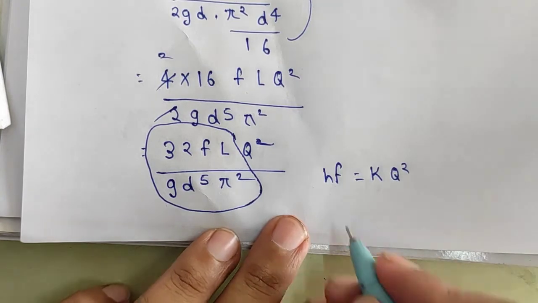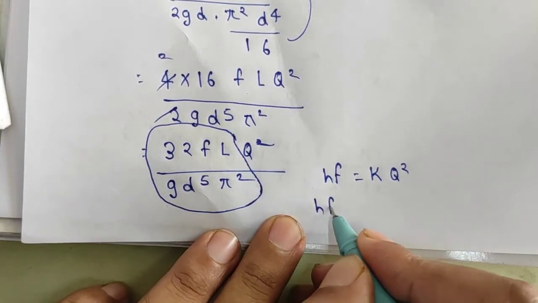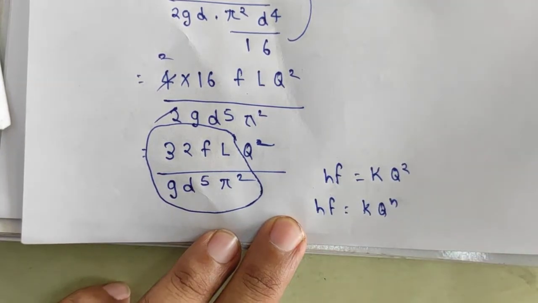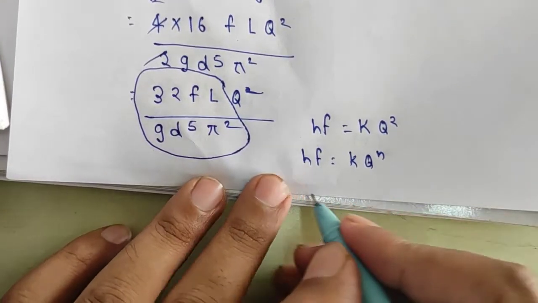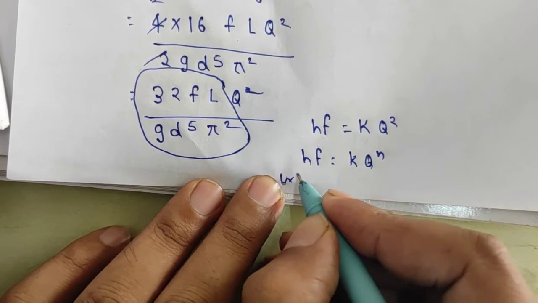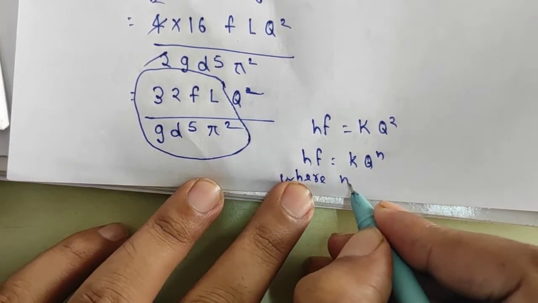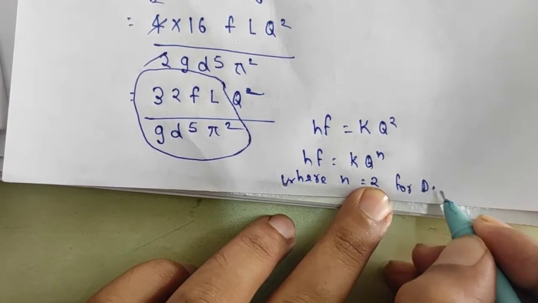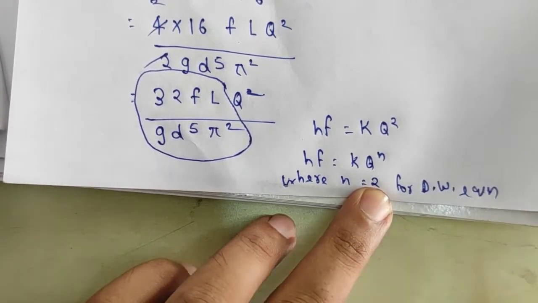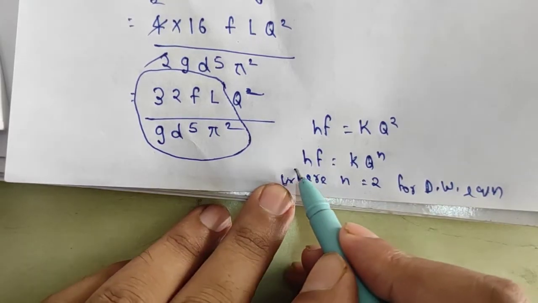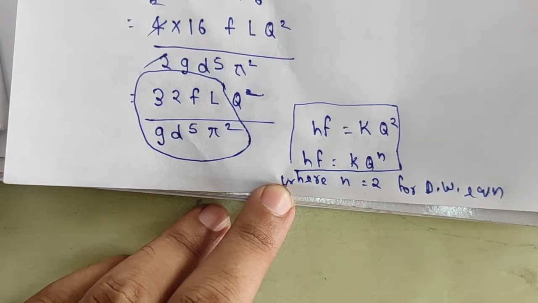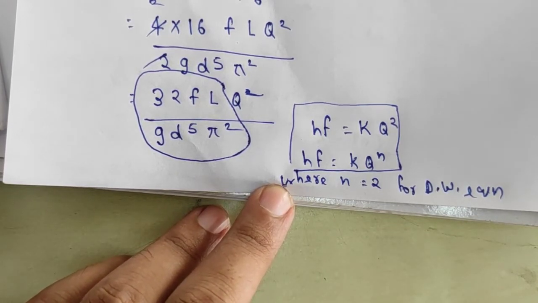Also, in different formulas, you will write hf is equal to kQ to the power n, where n is equal to 2 for the Darcy-Weisbach equation. So this is your equation for hf: hf is equal to kQ to the power 2, or kQ to the power n, right?